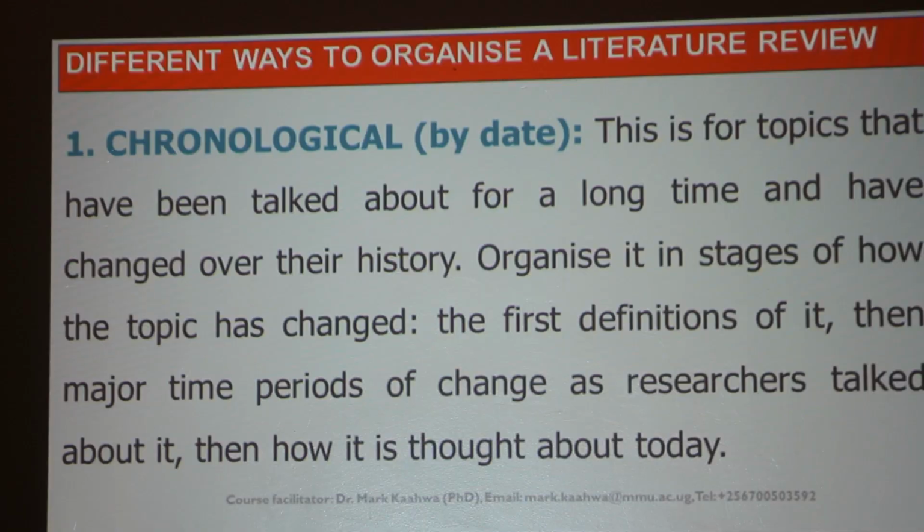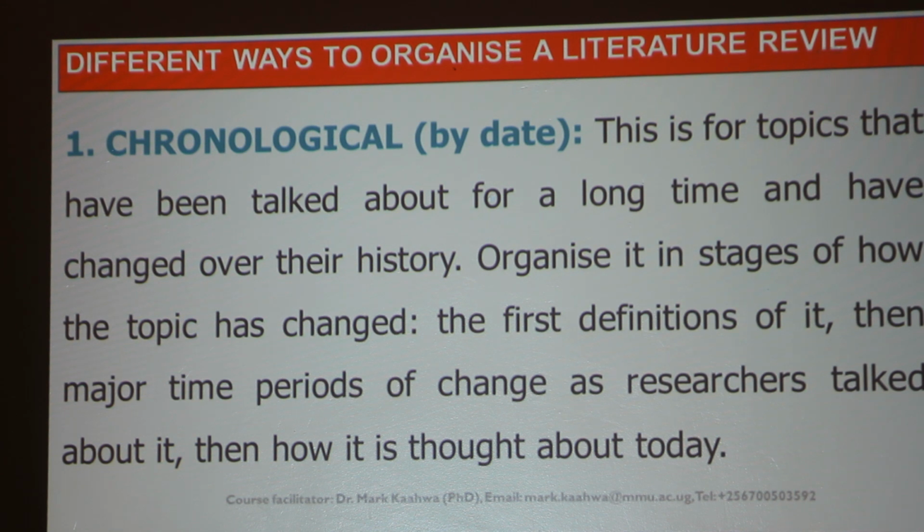You can structure your literature by using what we call the chronological approach. Chronological means that under the literature review, you look at topics that have been talked about for a long time and have changed over history. So you organize your work based on when the work was published, in stages of how the topic has evolved over time.